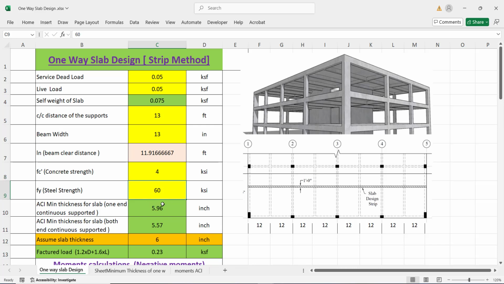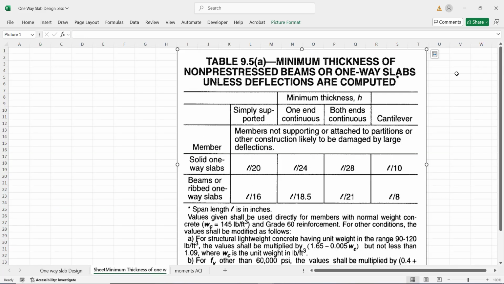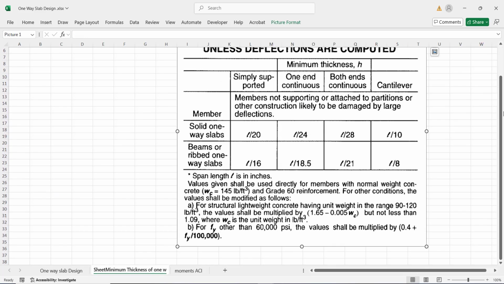If you change the steel, the formula for the thickness changes. That is, we have to multiply by some coefficient. Let me share it with you. If we use 40 for fy other than 60, the value shall be multiplied by 0.4 plus fy by 100,000.